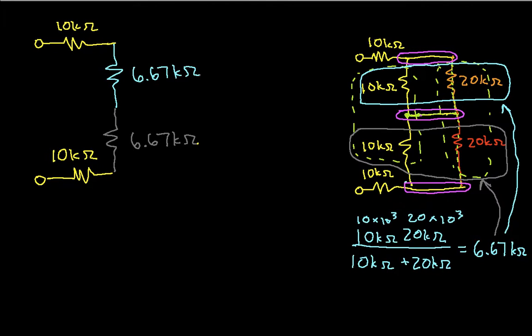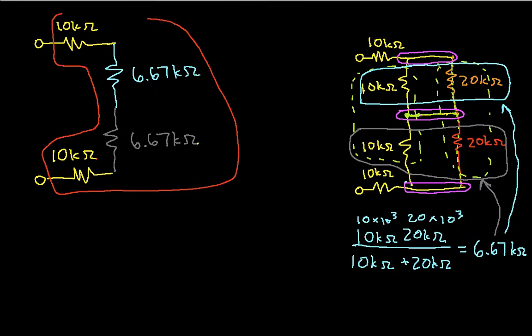Now I look at this and ask, are there any series or parallel combinations that I can use? And it turns out that, fortunately enough, this whole set of resistors is one series combination. Any current that goes through here ends up going through the blue resistor, the gray resistor, and the other yellow resistor. So these are in series.